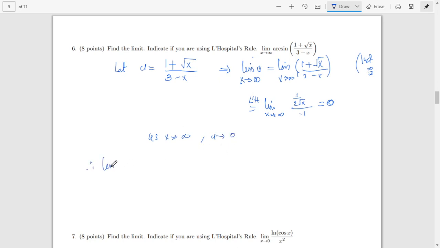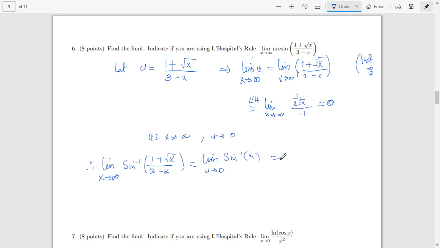Therefore, the limit as x goes to infinity of arc sine, actually I prefer to write my arc sine this way, you can write it any of the ways, sine inverse of 1 plus square root of x divided by 3 minus x is equal to, we do the change of variable, sine inverse of u, and as x tends to infinity, u tends to 0.